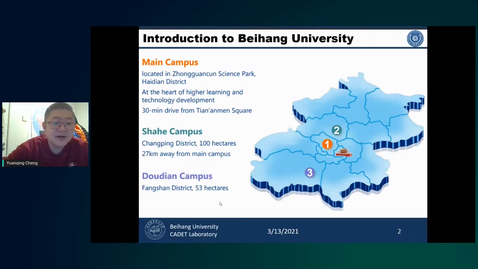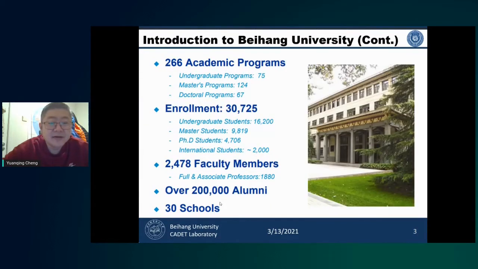One is in Shahe, which is 27 kilometers away from the main campus, and another one in the south of Beijing. In Beihang University, we have many kinds of academic programs for undergraduate students, master students, and doctor students. And we have over 2,000 faculty members and more than 30 schools.